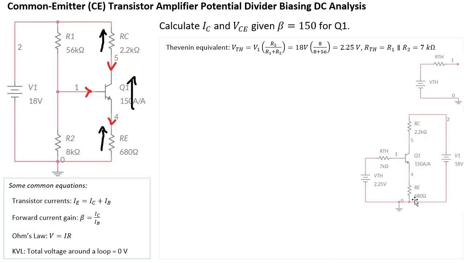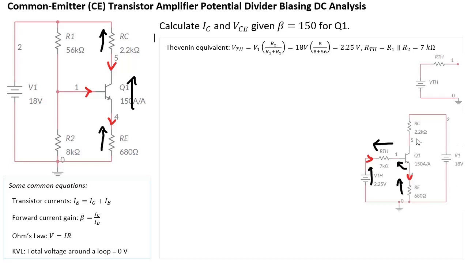Let me highlight that a bit. We have VTH pointing up. We have RTH that is positive this way, VBE that is positive that way, and then VRE that is positive that way. IB is going in, so this is still IB, and IE is still coming down like this.